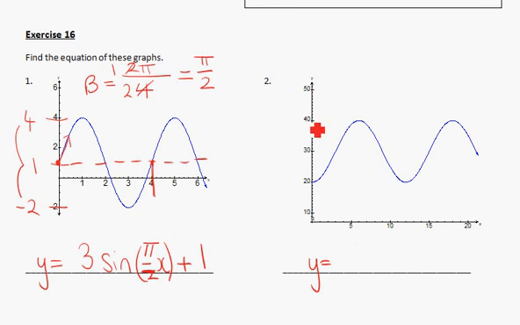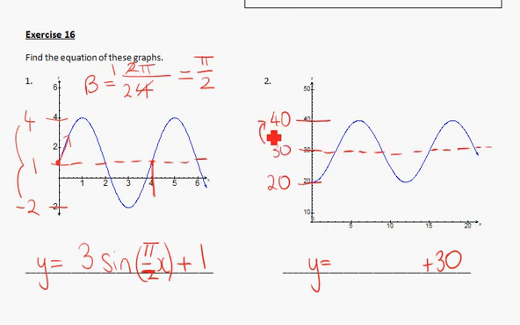Okay, number 2, maximum is 40, minimum value is 20, halfway is 30, and we'll put in our little implied axis. Clearly we need a plus 30 on the end. The whole graph is being translated up, so the axis that was at 0 is now at 30.